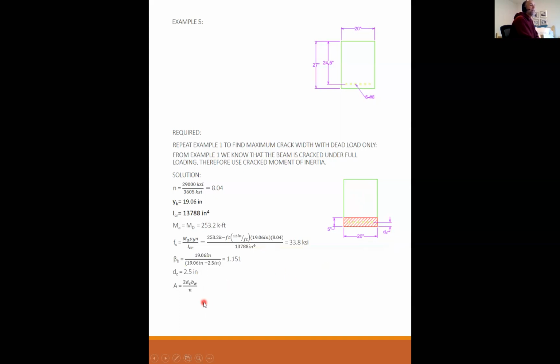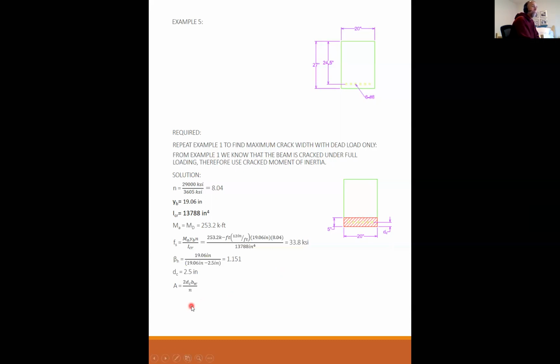And A is the weird one. A is an effective area in tension that has the same centroid as your steel. So if the center of my steel is 2.5 inches up from the bottom of the beam, then A is a band that's 5 inches tall. If I had multiple rows of steel, then A would be basically twice as high as the distance to the center of all your steel.